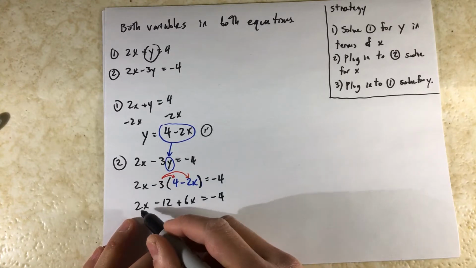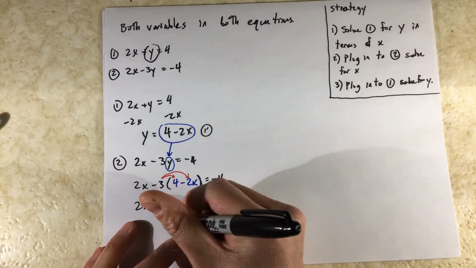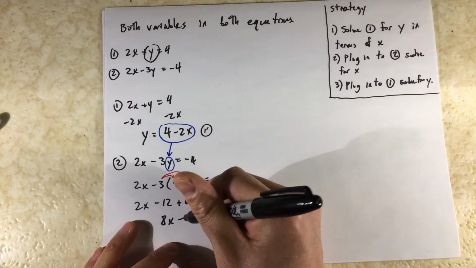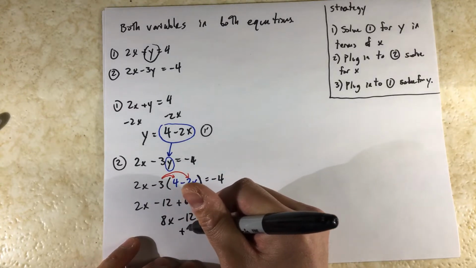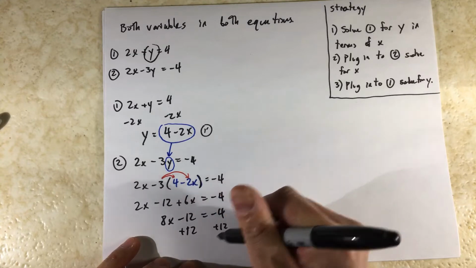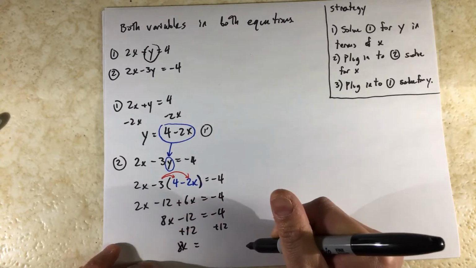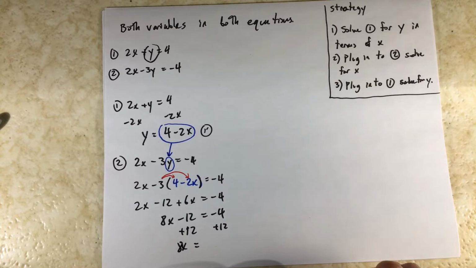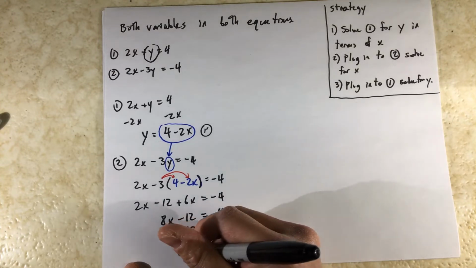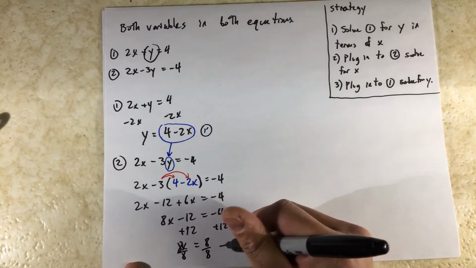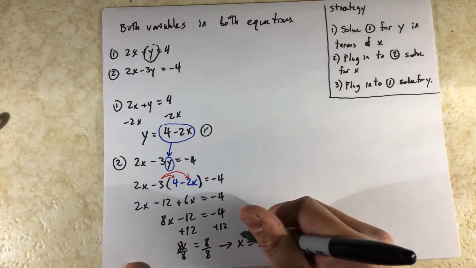Combine common terms: 2x and 6x combine to be 8x minus 12 equals negative 4. I add 12 to both sides, so I get 8x is equal to 8. I divide by 8 and I get x is equal to 1.